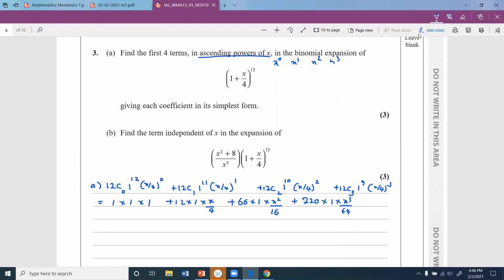For this question, it turns out to be 1 plus 3x, plus 66 divided by 16, that is 33 over 8, x to the power 2, plus 220 divided by 64, that is 55 over 16, x to the power 3.